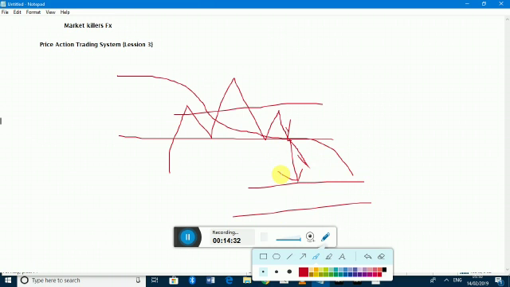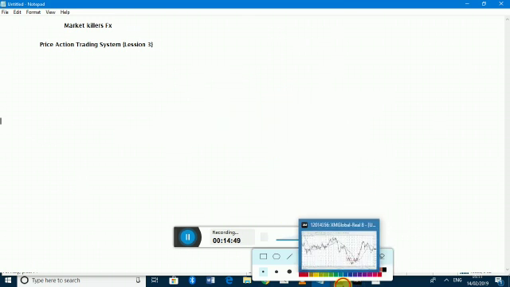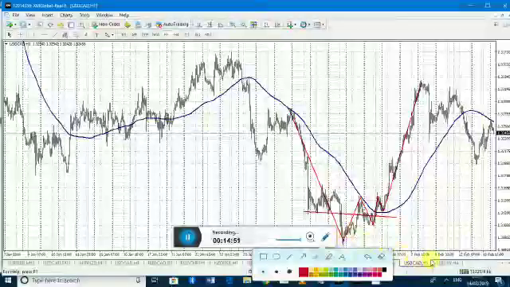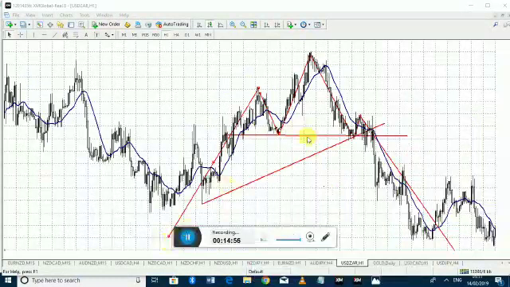So this is how the head and shoulder looks. This was a signal I also gave to one of my students. This was USD ZAR on 1 hour. As you can see, it formed a head and shoulders, and this was the level of support. Our moving average of 14 is already placed.